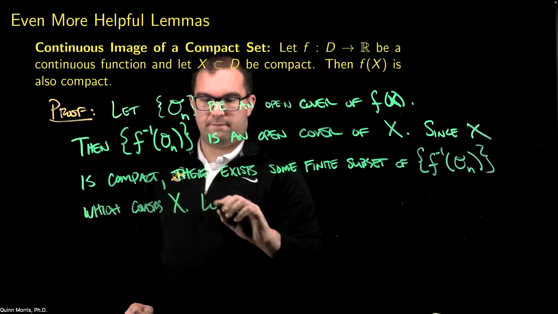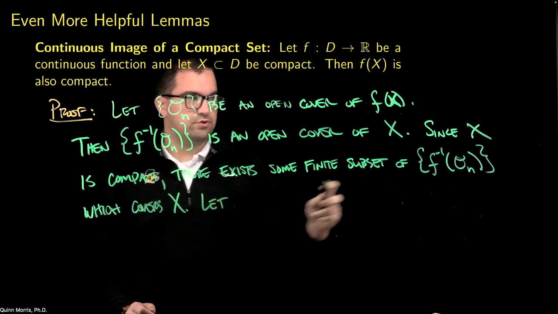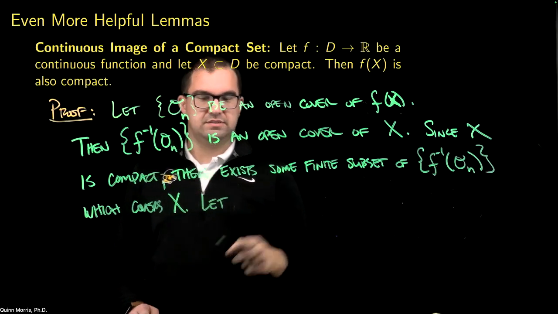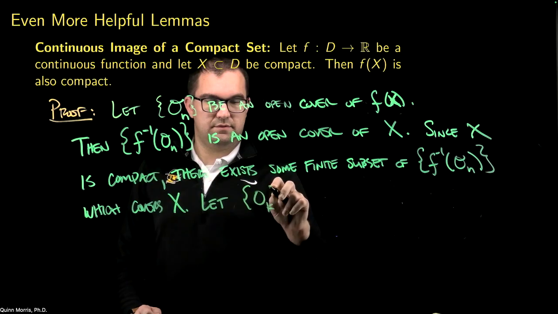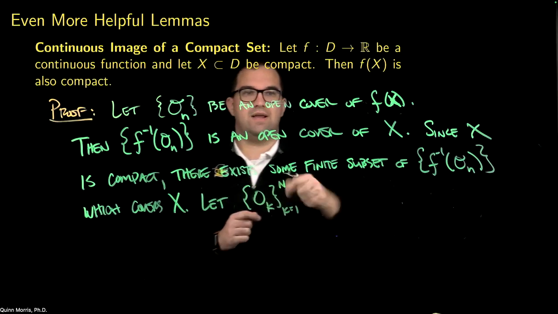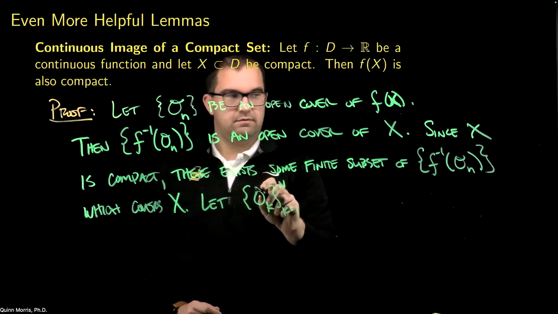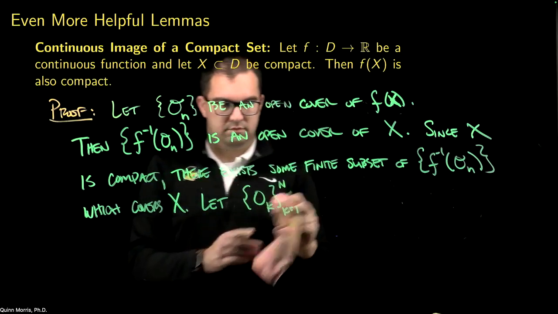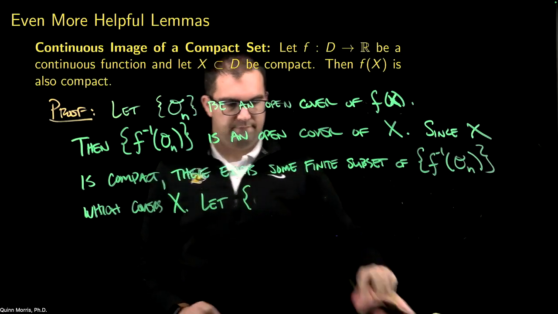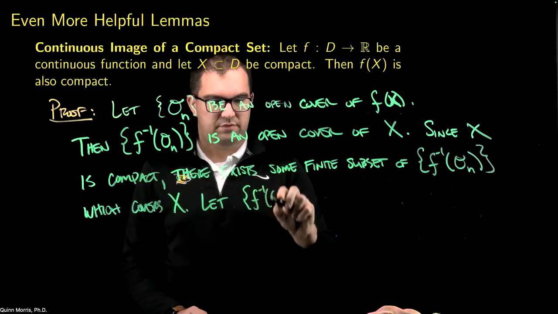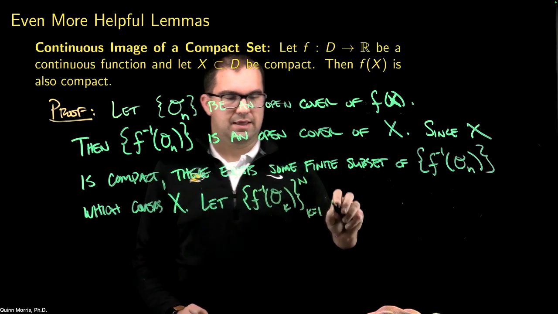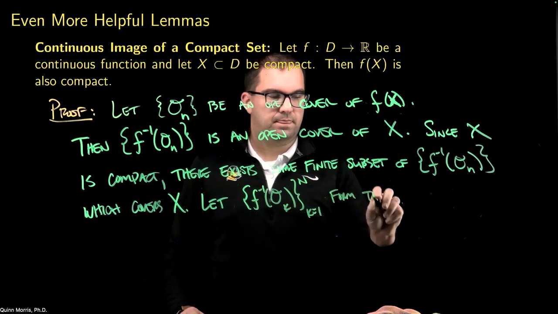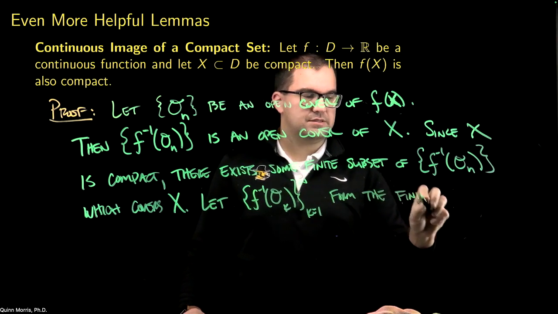So let's give those finite things a name. Let the O sub k's, for k going from 1 up to capital N, be this finite collection. Sorry, I need an f inverse here. So let f inverse of the O sub k's, where k goes from 1 up to N, form the finite cover of X.